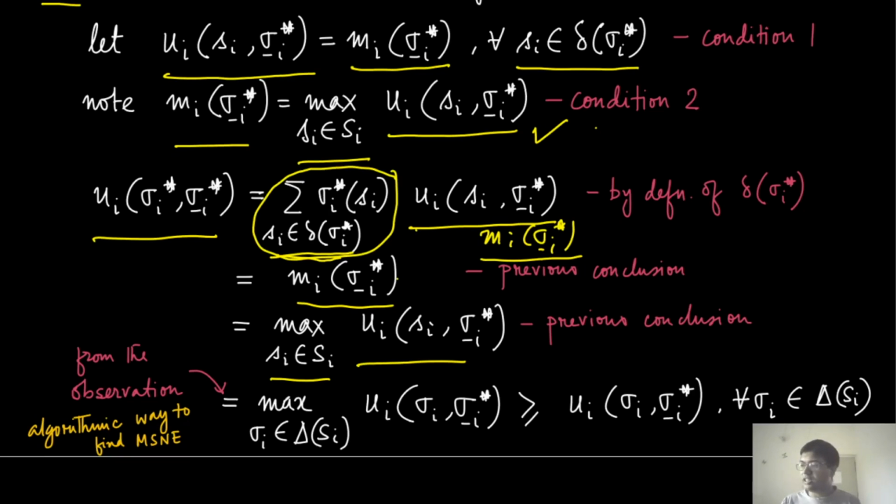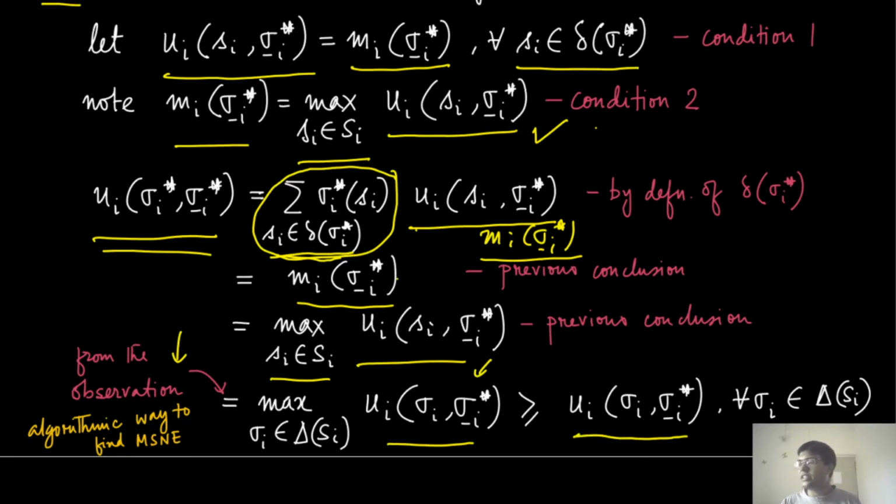This is coming from the observation that we made before, right? And because this is a max, currently we have Ui(sigma i star, sigma minus i star), which is the max over all sigma i when the other players are holding their strategies at sigma minus i star.